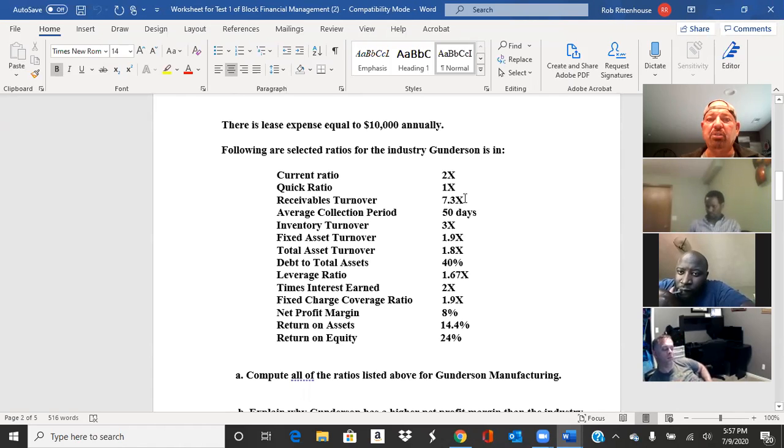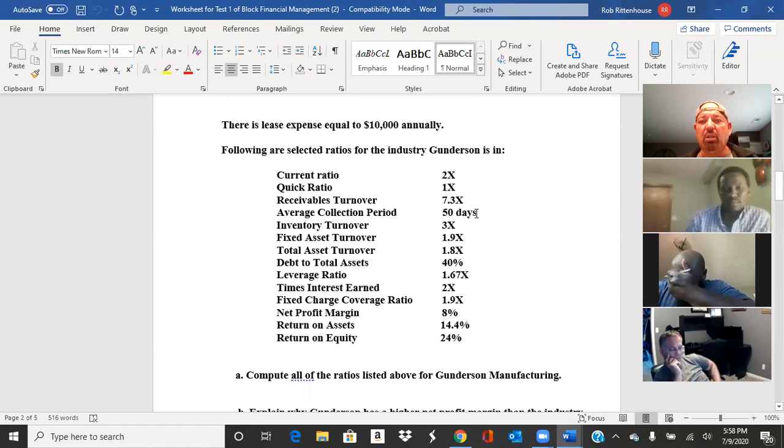The higher the receivables turnover, the lower the average collection period. So since our receivables turnover ratio was higher, our average collection period has to be lower than 50 days, and it was 36 days.